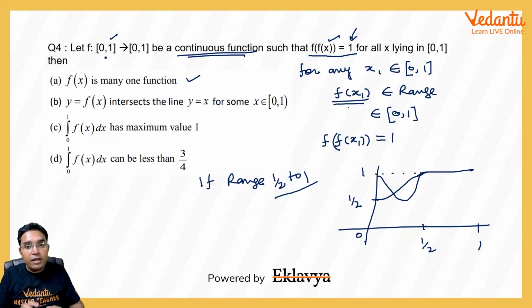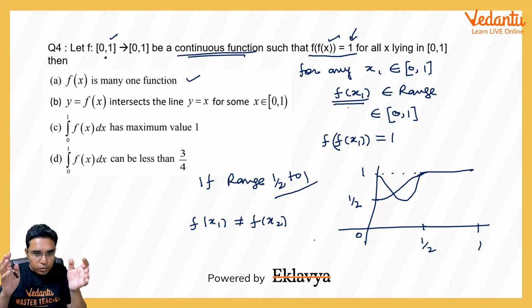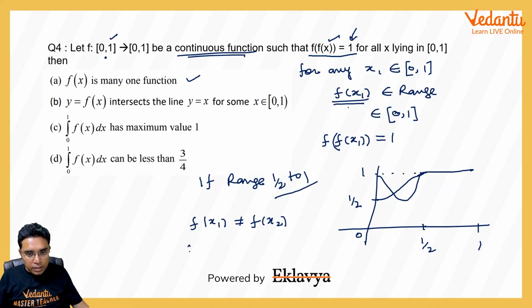Or if it is having, let us say, two different values in the range, and these two different values are f(x1) and f(x2), assuming that 1 is not the only value in the range, then you can see f of f(x1) and f of f(x2), they both will have to be equal to 1. So this function is definitely many one.